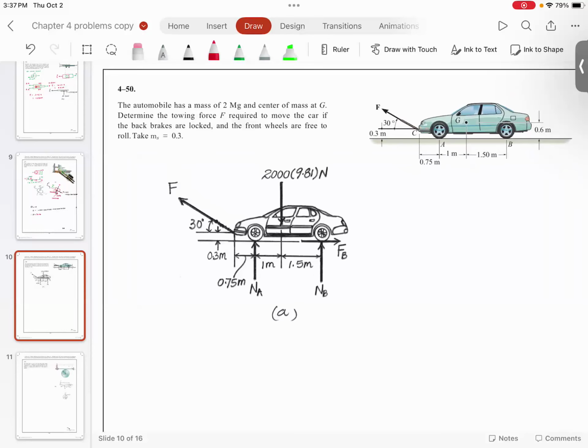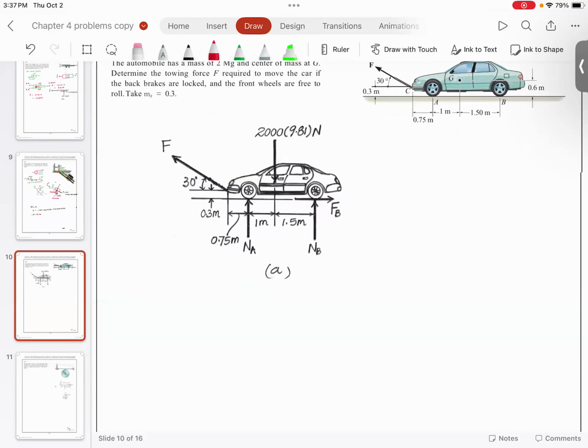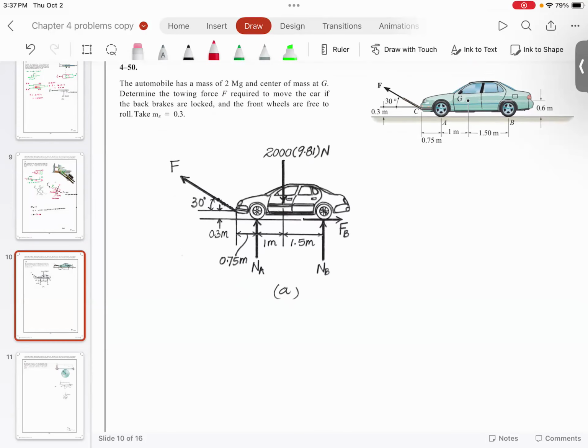But in this particular problem, it is asking: find out the towing force that is required to move the car if the back brakes are locked and the front wheels are free to roll.